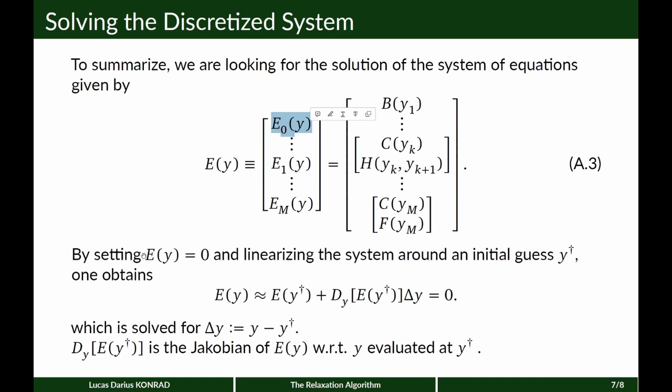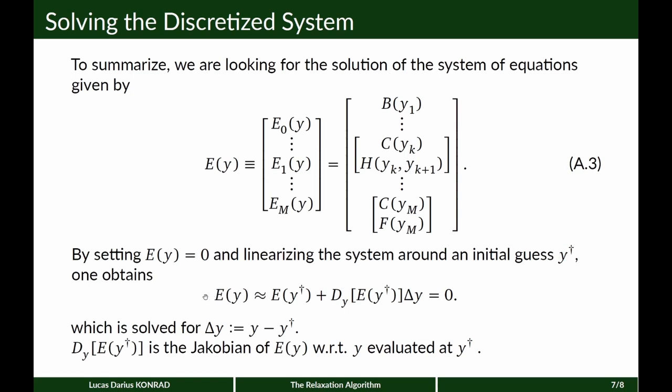So we want the solution of the system, this is this part, and then we linearize it around some initial guess. And this is now this y dagger. This initial guess is what we think is how the variables of interest change over time.